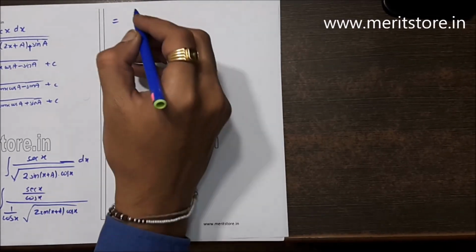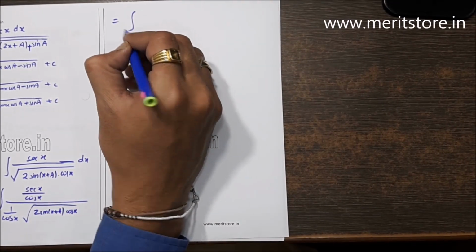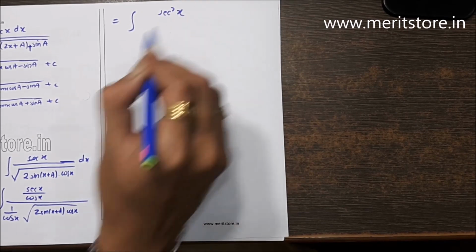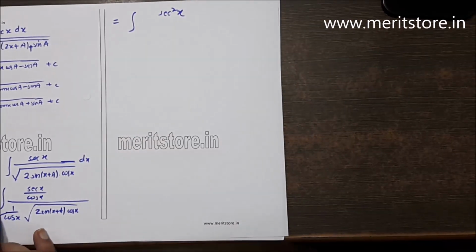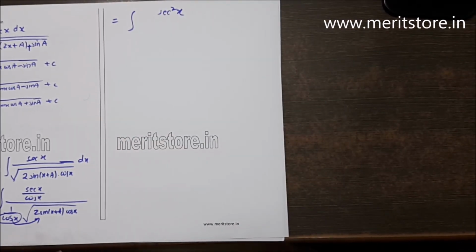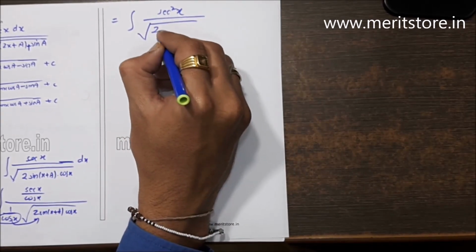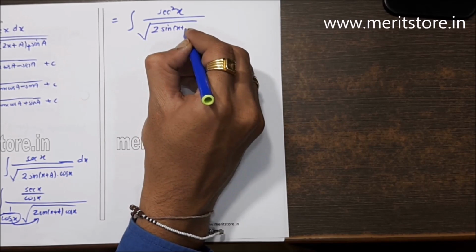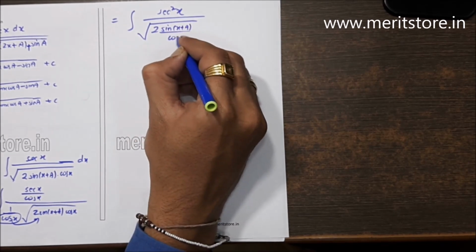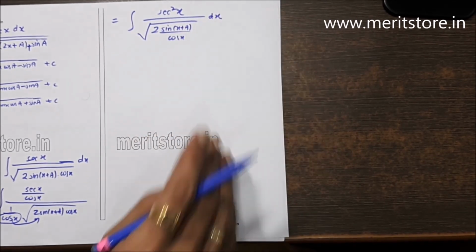Sec x upon cos x will be written as sec square x, and the cos x which is outside the root, when it goes inside, becomes the square of that term, and what we will get is 2 sine of x plus a upon cos x dx.